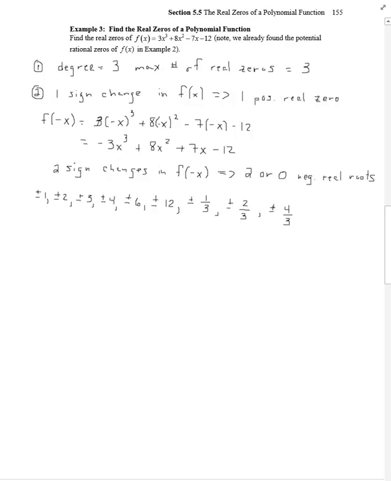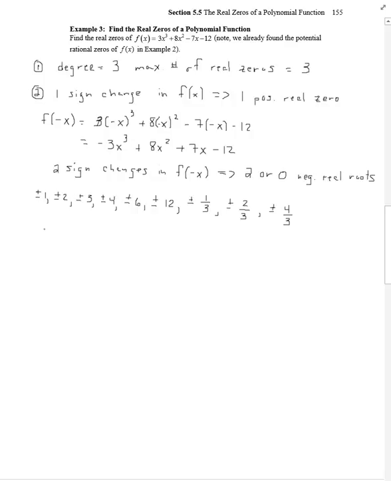That's a lot of roots to check. Okay, we know one of them is going to be positive and 2 or 0 will be negative. So we can start by checking the positives first. Or what I usually do is I find f of positive 1, then negative 1, and I just go by pairs.